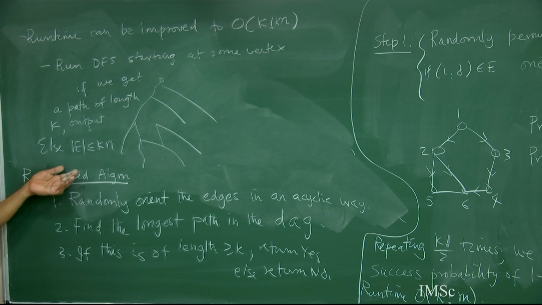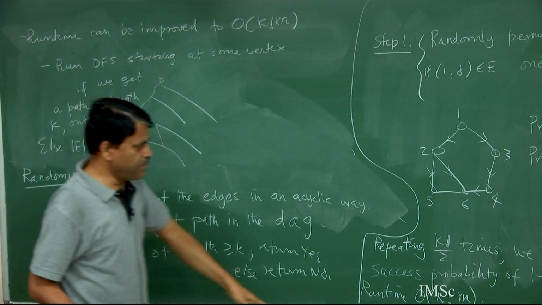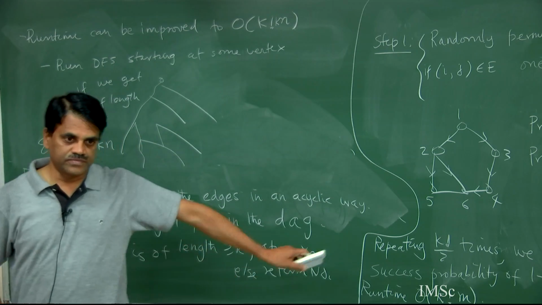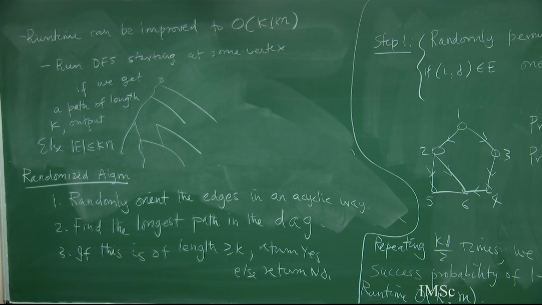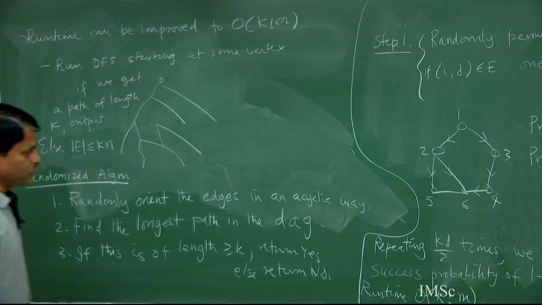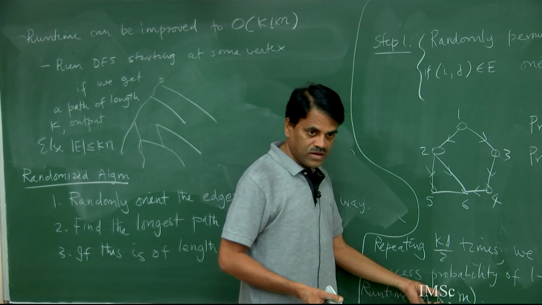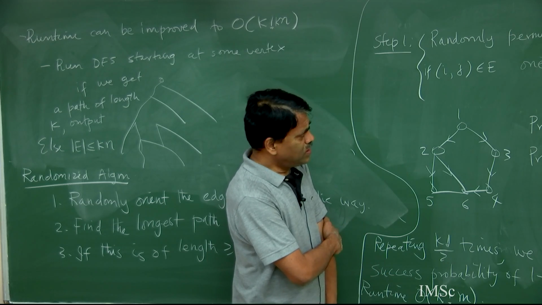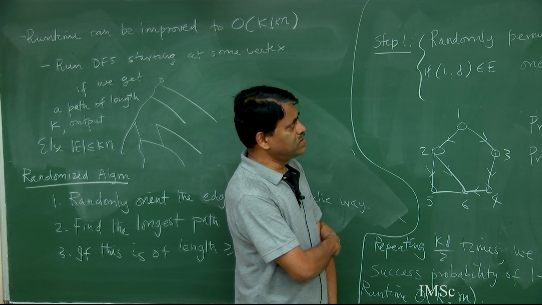So the number of edges is the tree edges plus possibly edges to ancestors, which is at most kn. So this m actually becomes kn, and then you run that algorithm. This is just a useful trick, but it is not the big important improvement we are going to talk about. We will actually improve the f of k substantially, to 2 to the order k, and we will get to that. But let me just talk about directed graphs and cycles.